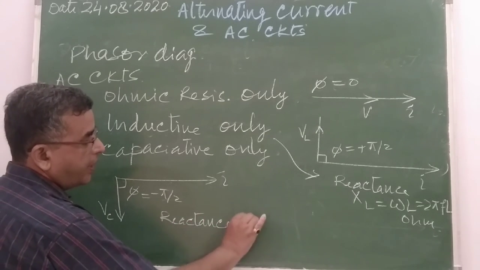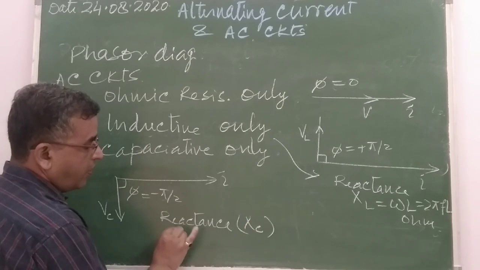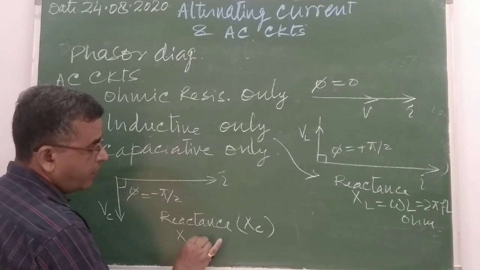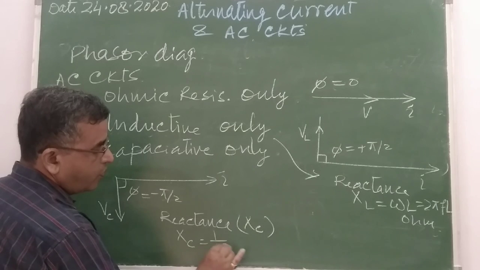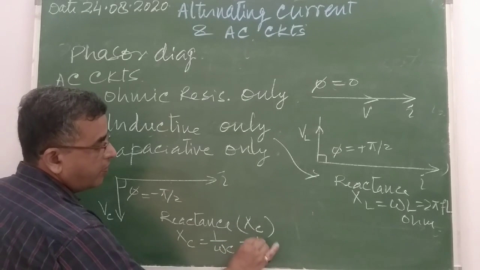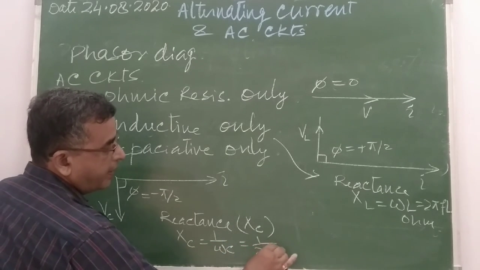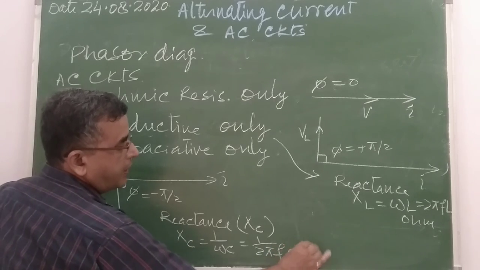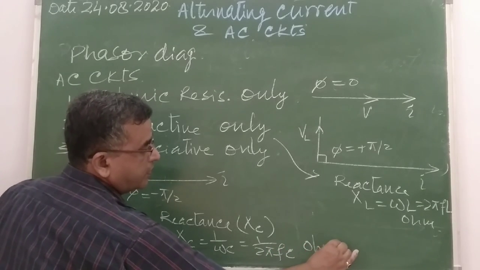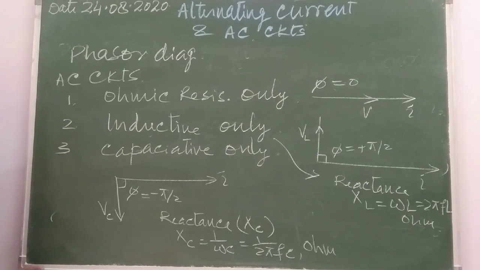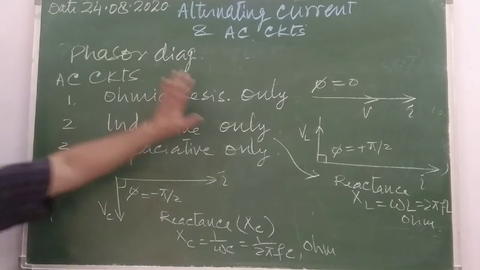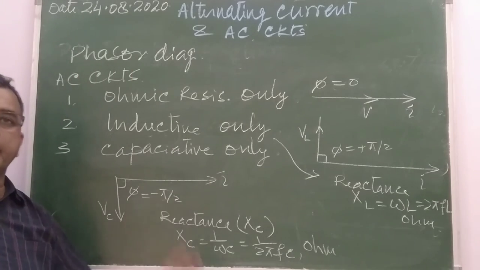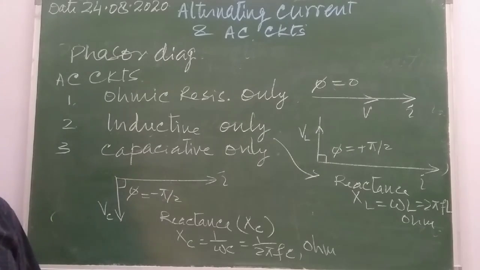It is represented by XC, where XC equals 1 upon omega C, or 1 upon 2 pi f C, and is measured in ohms. So these are the important points of what we have done in the previous lecture. Thank you.